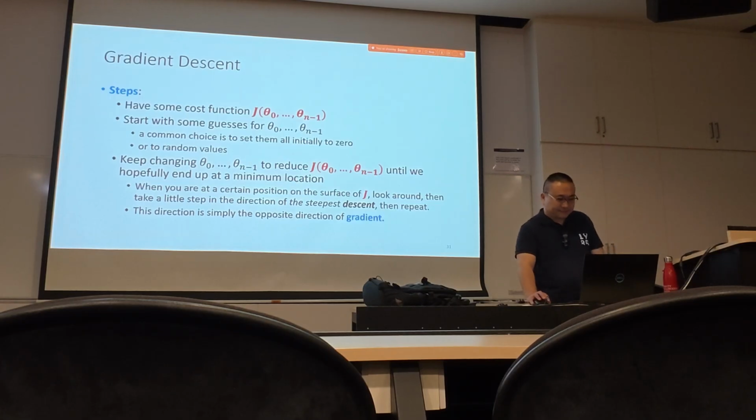And then what we really do is this. Remember that when we train the model, we continuously update the model parameters. At one position, we have a specific set of parameters, and at this time, we get a value for the cost function.